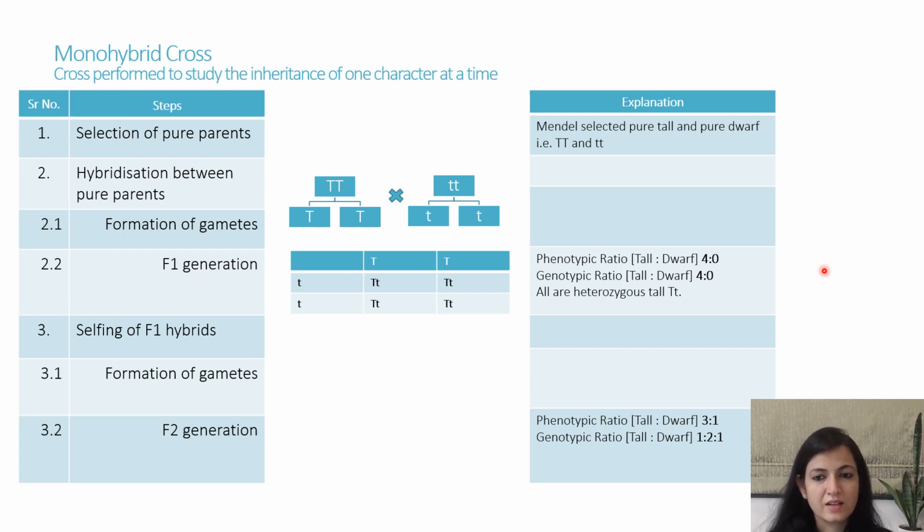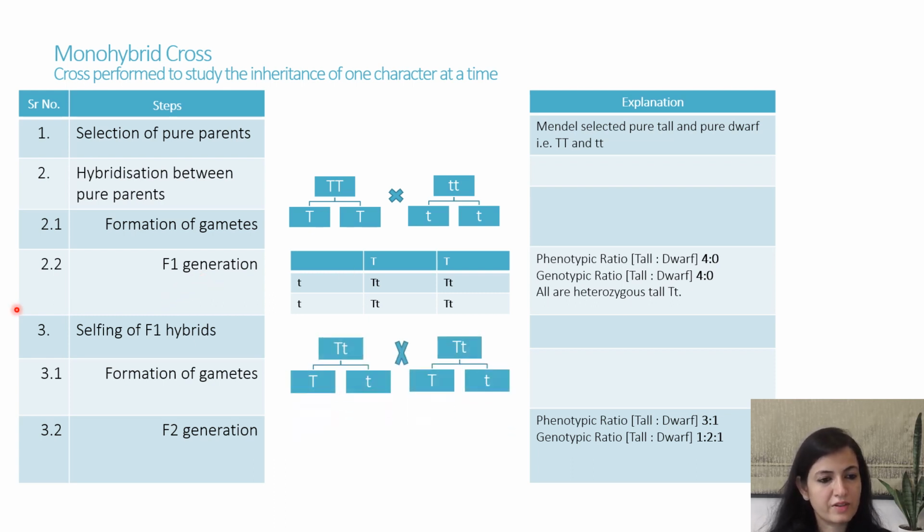Now after this, the next step is the selfing of F1 hybrids. So we can take the members of the same generation, and selfing is performed if the cross is performed between them. So these are the two offsprings with the similar genotype, that is capital T and small t. Now again the formation of gametes will take place, and in both the cases similar gametes will be formed, as the parents have the same genotype.